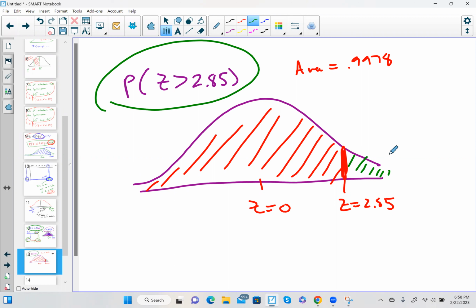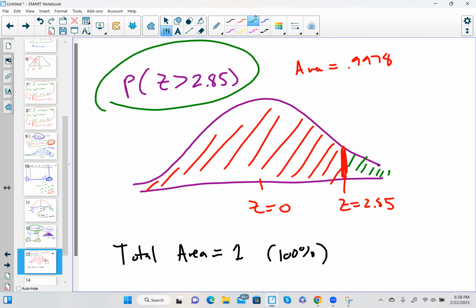Here's the second fact you need to know about the normal distribution: the total area is equal to 1. That kind of makes sense. You could think of it like 100%, and 100% is really like the number 1.